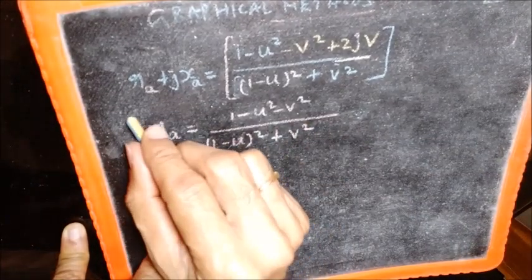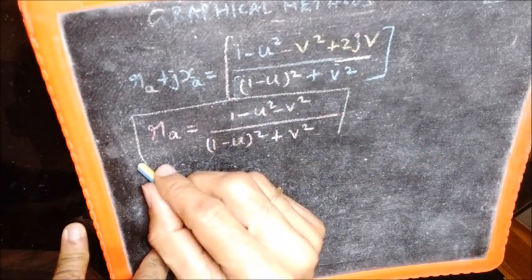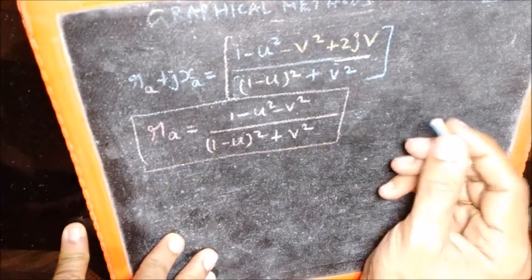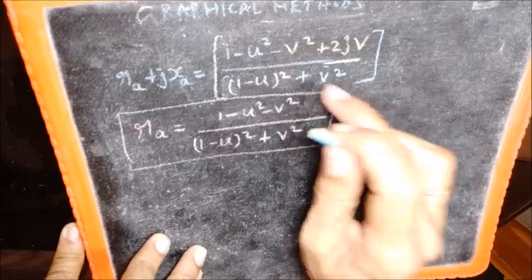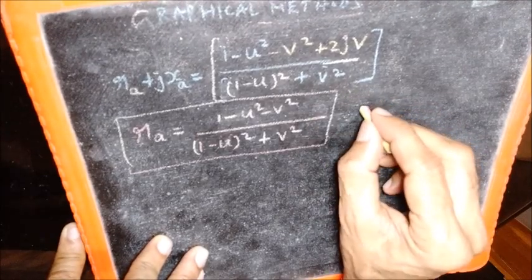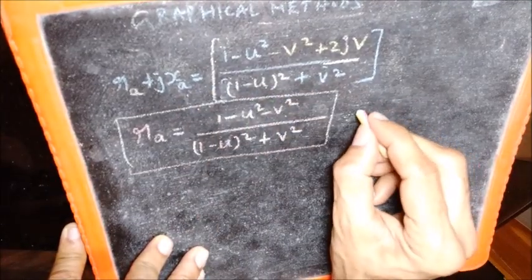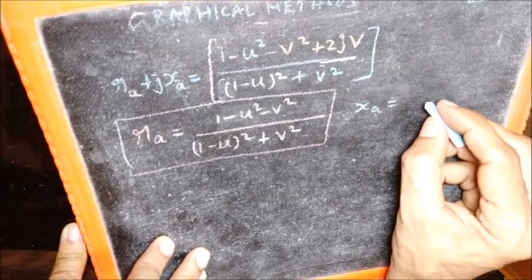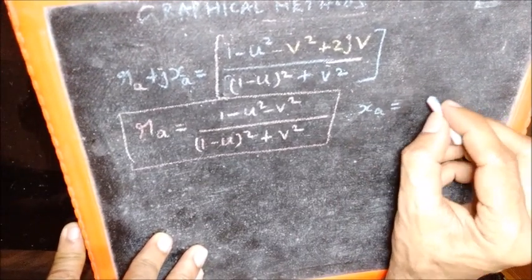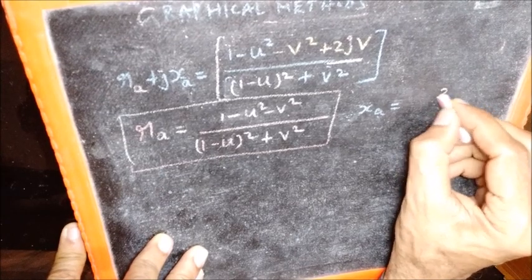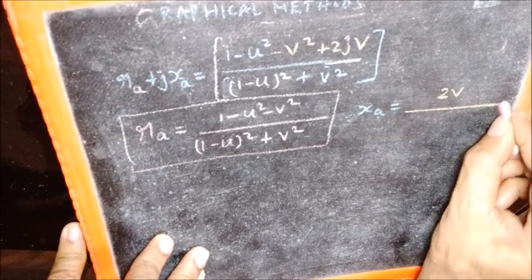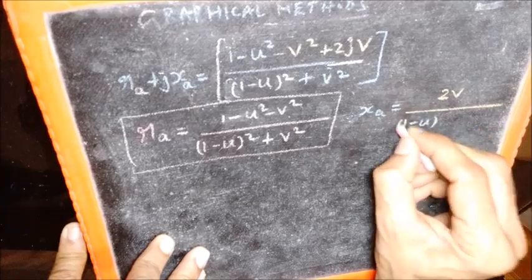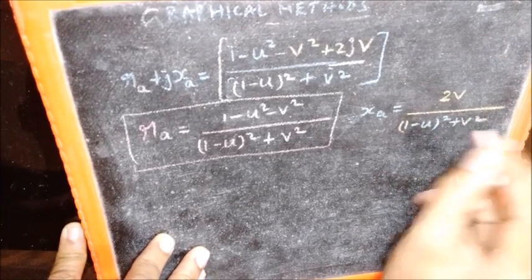This becomes the resistive part of the normalized line impedance, and by comparing the imaginary parts, XA, that's the reactive part of the normalized impedance, is equal to 2V divided by 1 minus U square plus V square.